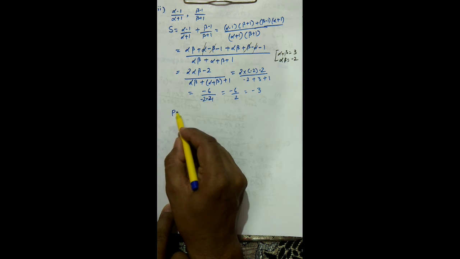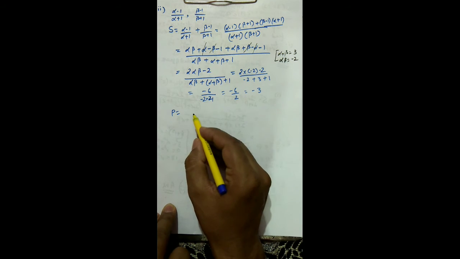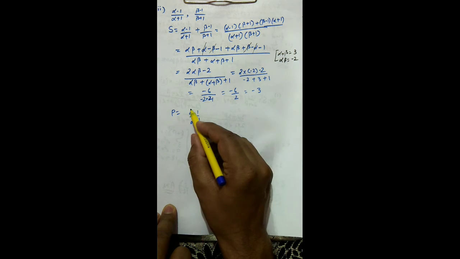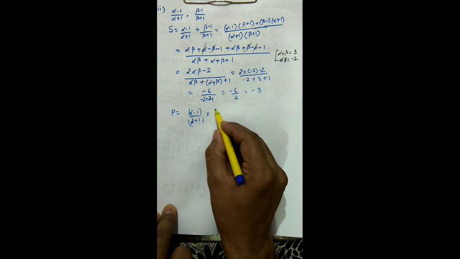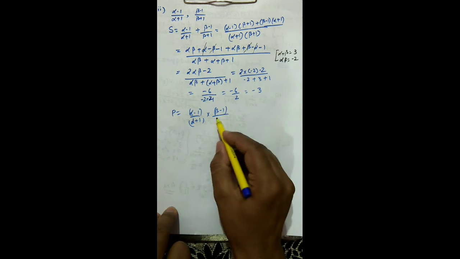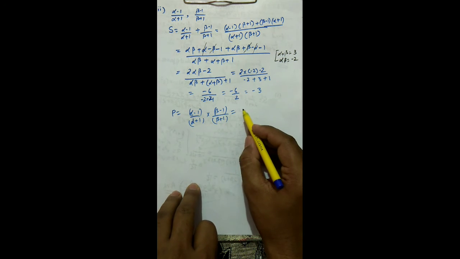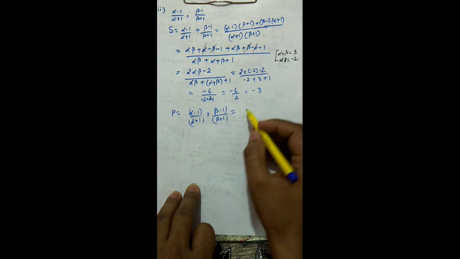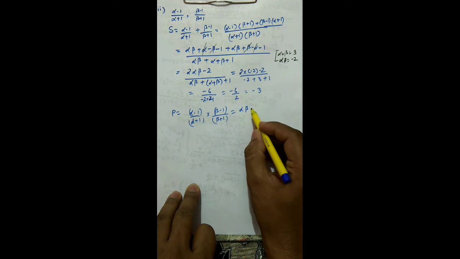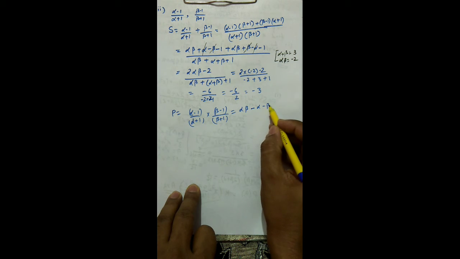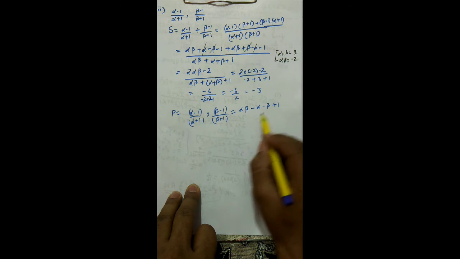Now we'll find the value of P, which is the product. So alpha minus 1, alpha plus 1, beta minus 1, beta plus 1. Now you open the bracket. You have already seen how to open this. Alpha beta, and this will become minus alpha, minus beta, and plus 1.